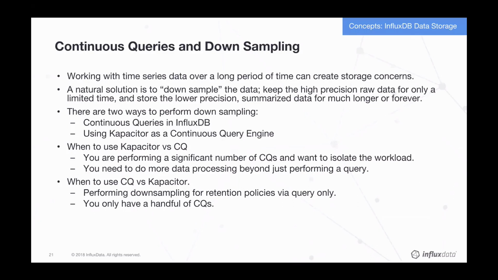So if you want to mitigate any storage concerns because you're keeping data for a really long time, you can use continuous queries to perform downsampling. There are 2 ways that you can do this. You can either use a continuous query directly in InfluxDB, or you can use Kapacitor as a continuous query engine. Kapacitor is our processing engine.